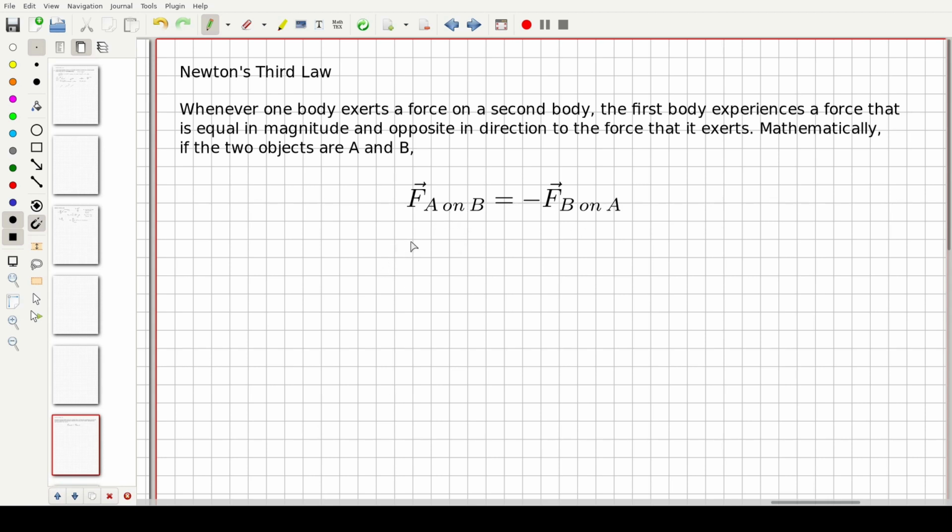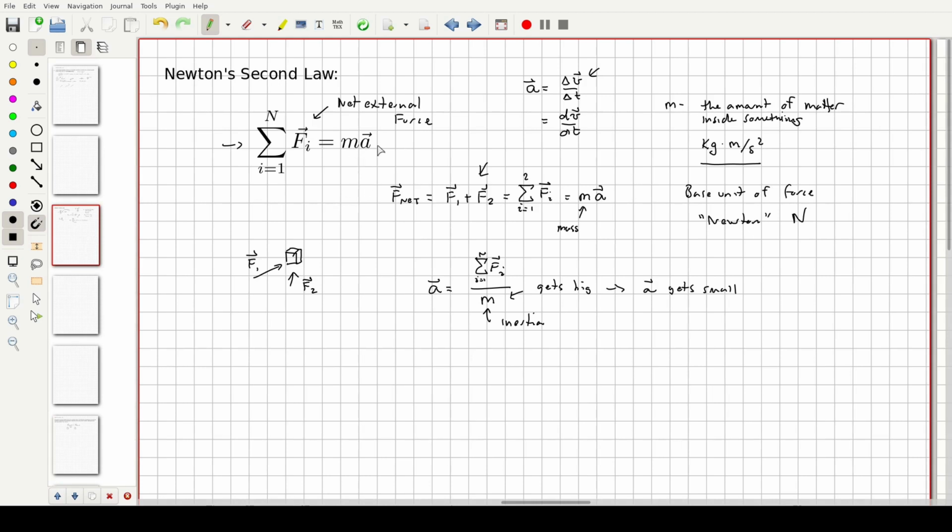So imagine having two objects here. I'll call it object A. I'll call this object B. This right here is the force that A exerts on B. Now, the act of pushing on this thing, exerting a force on it, we know, according to Newton's second law, causes an acceleration, right?